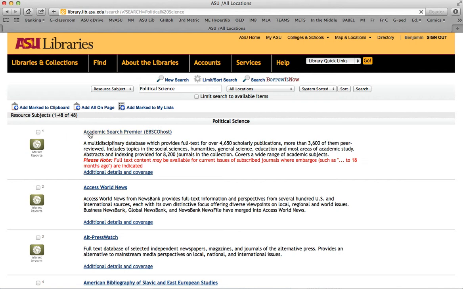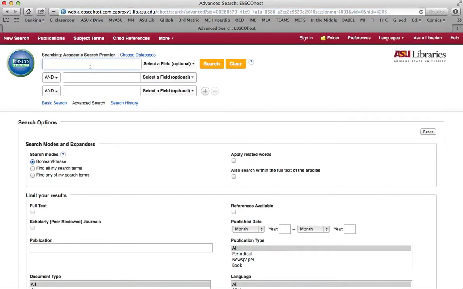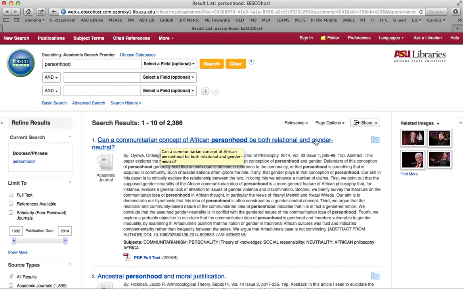Okay. Academic Search Premier may pop up in more than one category. It does a really great job of collating all kinds of sources. So in this case, it's looking at particularly political science journals. So let's go ahead and click on that. Here, personhood, and again, this will search in just political science journals. Okay, so, can a communitarian concept of African personhood be both relational and gender neutral?